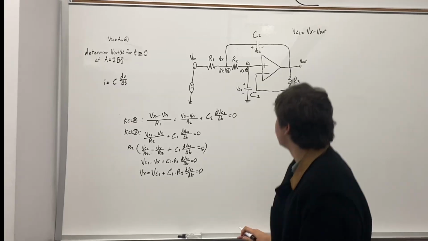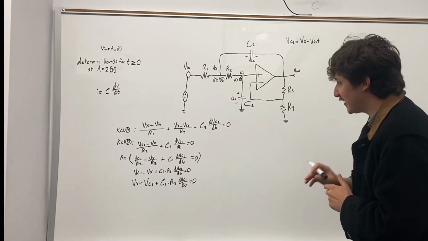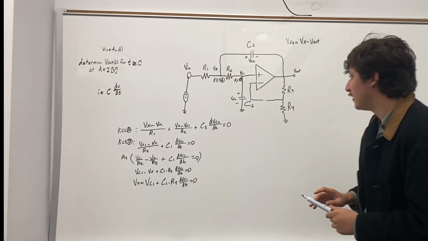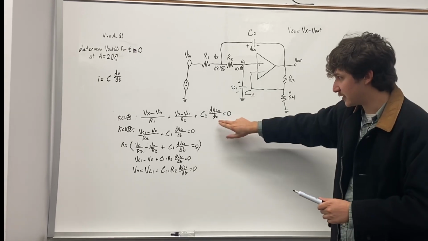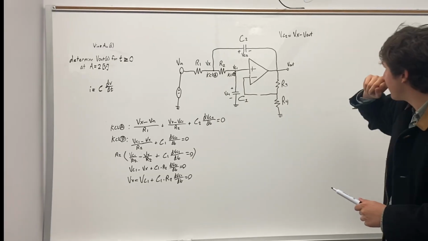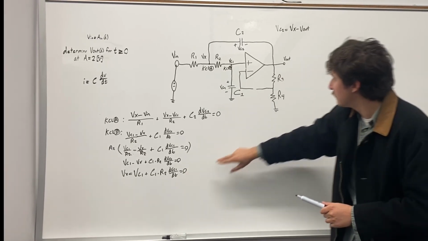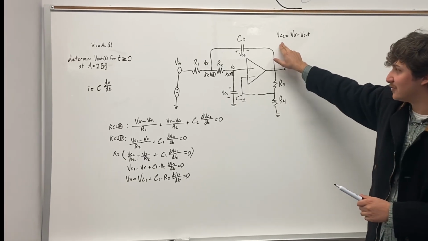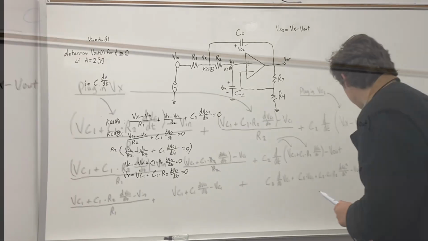Okay. Now, we're going to go ahead and find some type of way to get our double differential from here. So what I'm thinking is, we have a differential here, correct? So I'm thinking that we can plug in Vx into this equation and then plug Vc2 into this equation where Vc2 is.